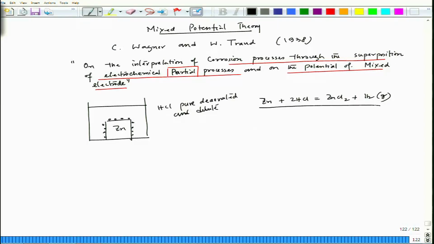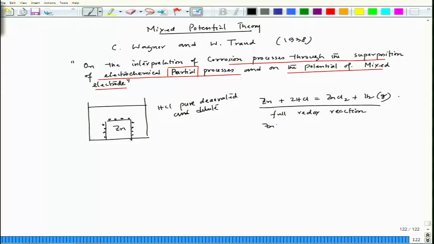Interestingly, this is a full redox reaction, and this full redox reaction, instead of several processes, is a single process. This redox reaction can be broken into one oxidation and one reduction process.